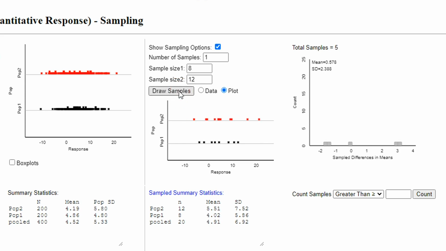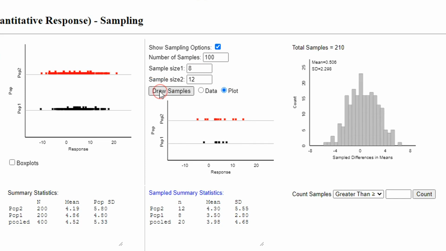Instead of drawing a sample at a time here, we could draw whole groups of samples. How about 100 samples? And another 100, and another 100, and another 100. You start to see a trend after we draw enough of these.